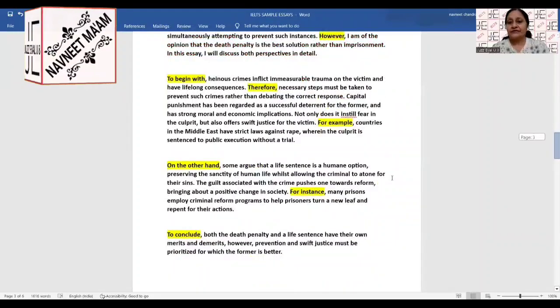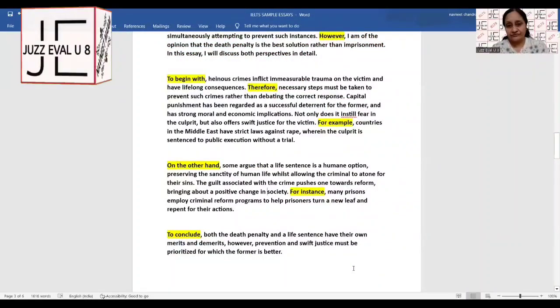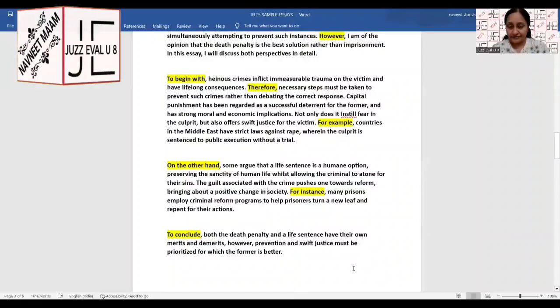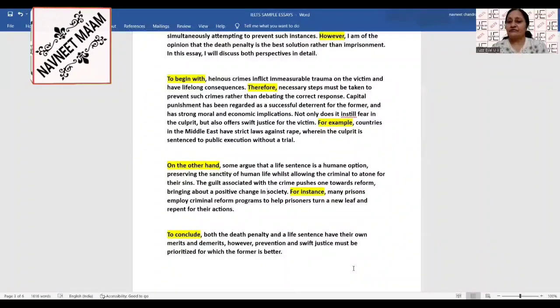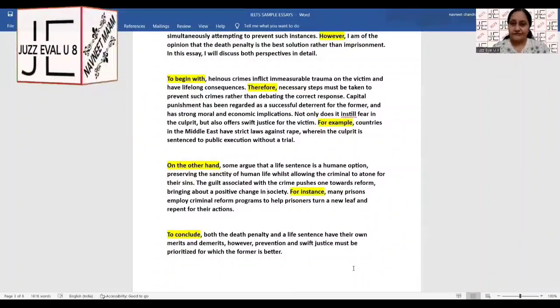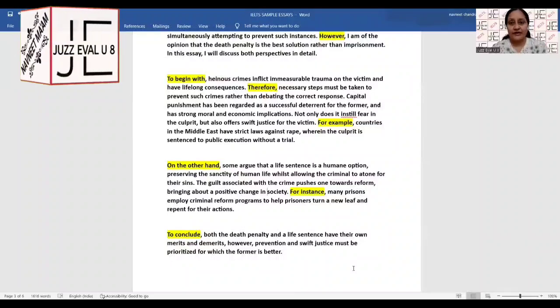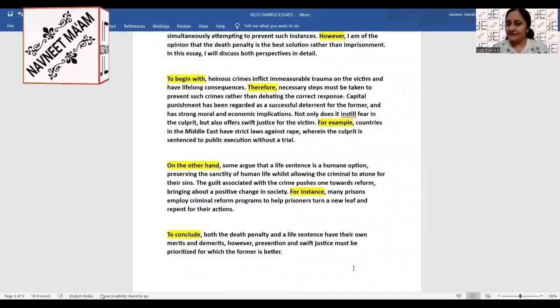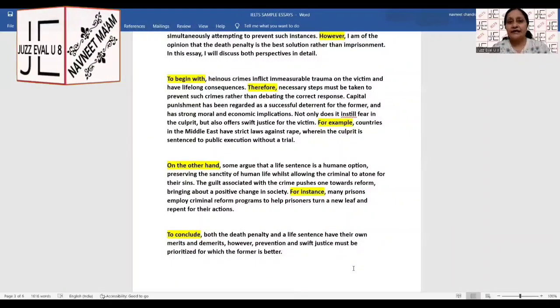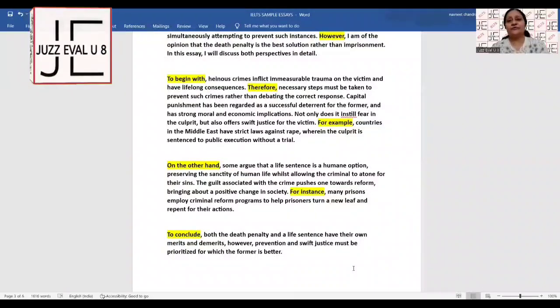And then in the conclusion, again mention what your opinion is and just give a brief about it. So that's all that you have to do here. Discuss both the viewpoints and give your opinion as to which viewpoint you agree with.